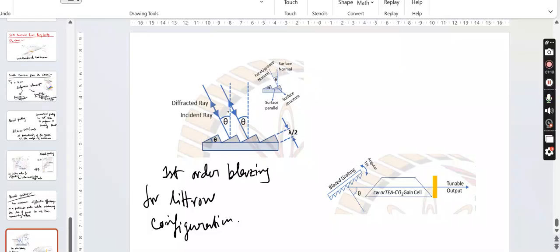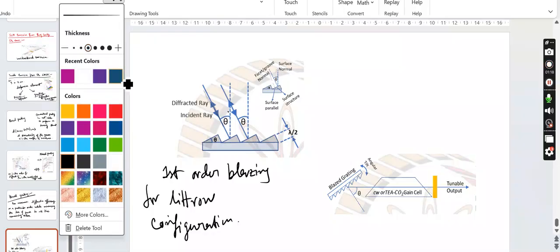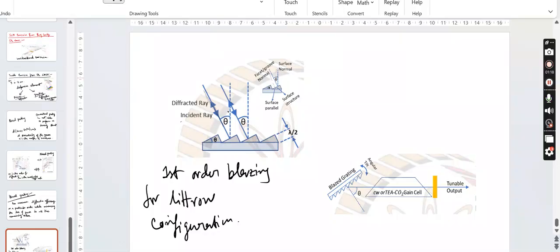If the incident light strikes the grating along its facet normal, which is this, it is diffracted back in the same direction, which is happening here. The rays are spread by a length of lambda by 2.